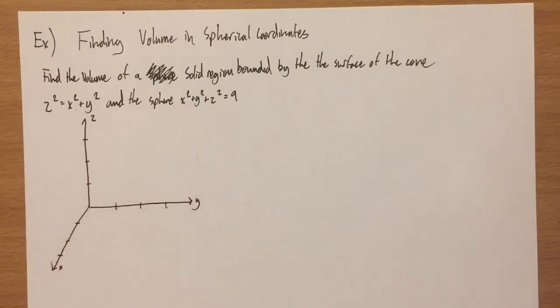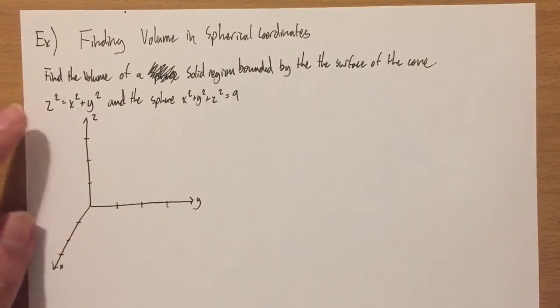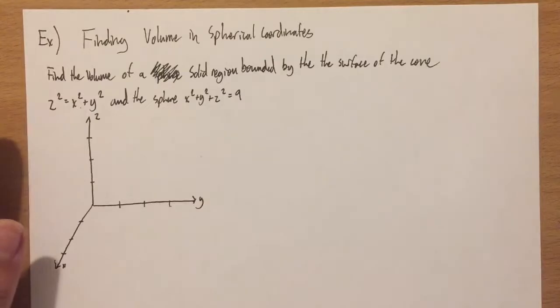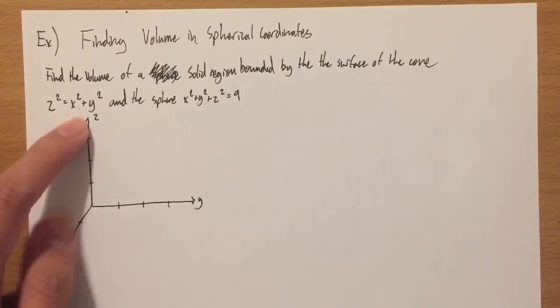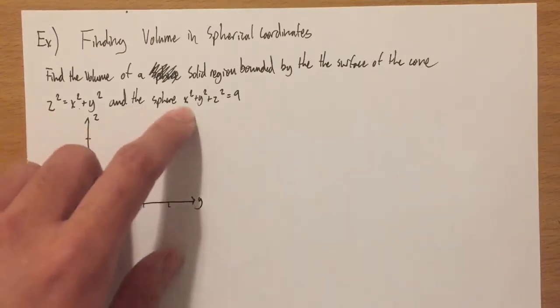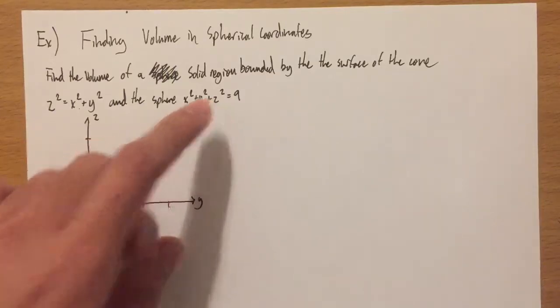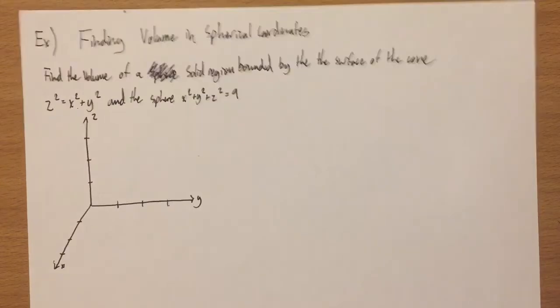An example question would be to find the volume of a solid region bounded by a cone with the equation z squared equals x squared plus y squared, and the sphere x squared plus y squared plus z squared equals 9. So this would be a fairly simple question.